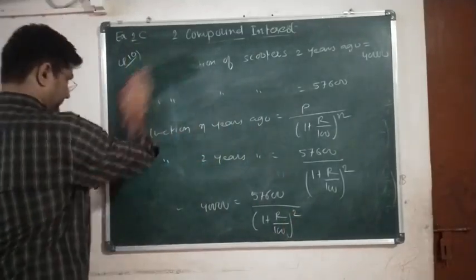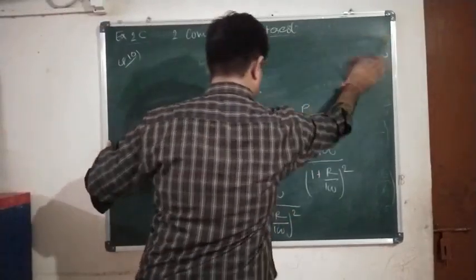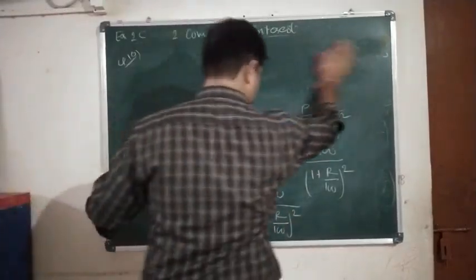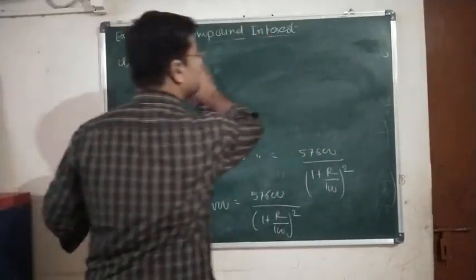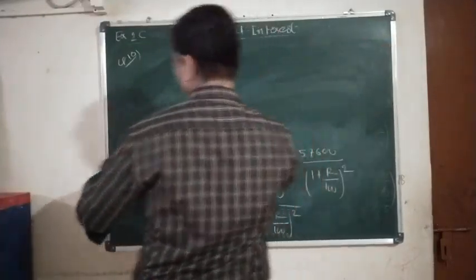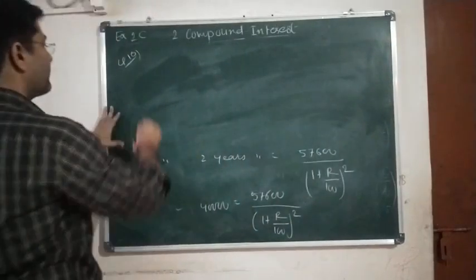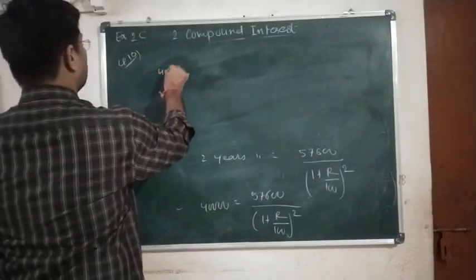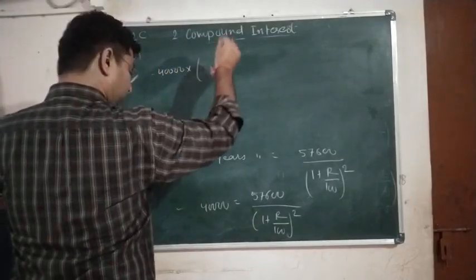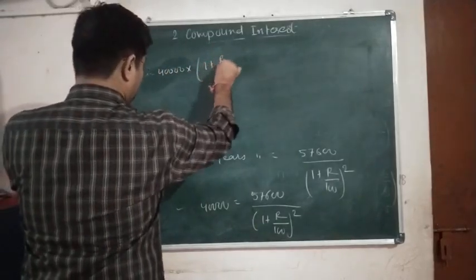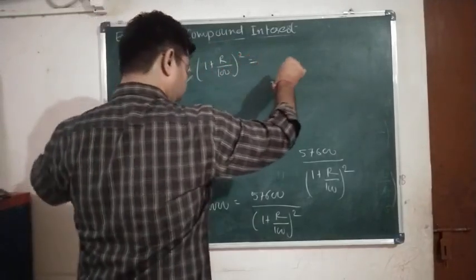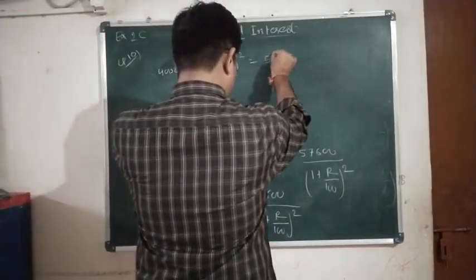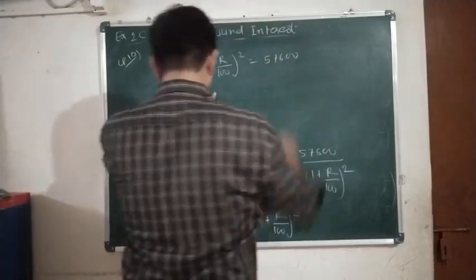Clear? Therefore 40,000 into 1 plus r upon 100 raised to 2 is equal to 57600.